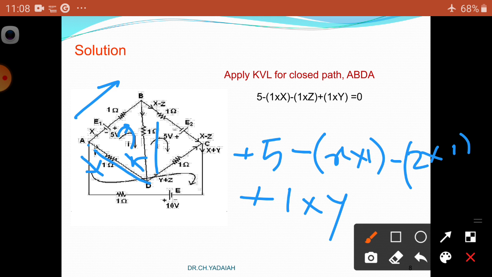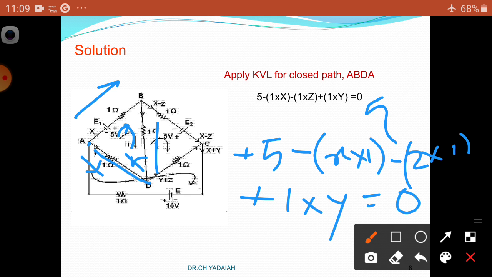Then coming back to A, the starting point, equals 0. You can see the same equation here. So plus 5, minus X into I, that is I into R, where I is X amperes and R is 1 ohm. We take it in a bracket with minus.